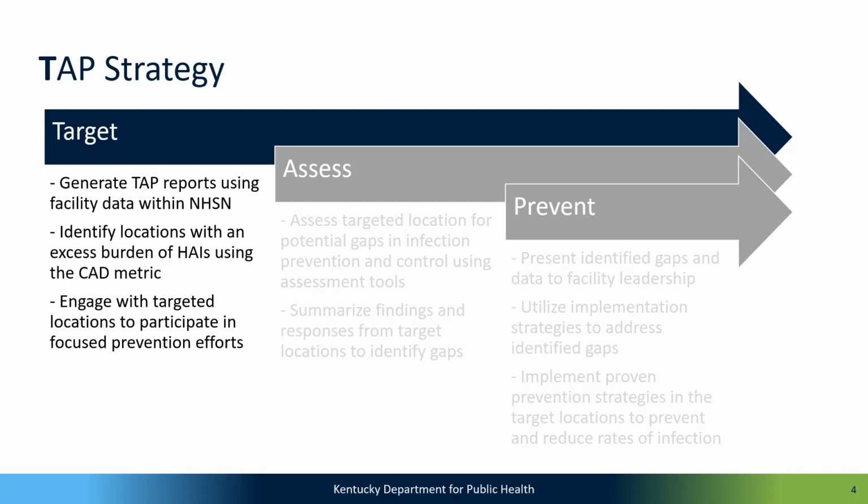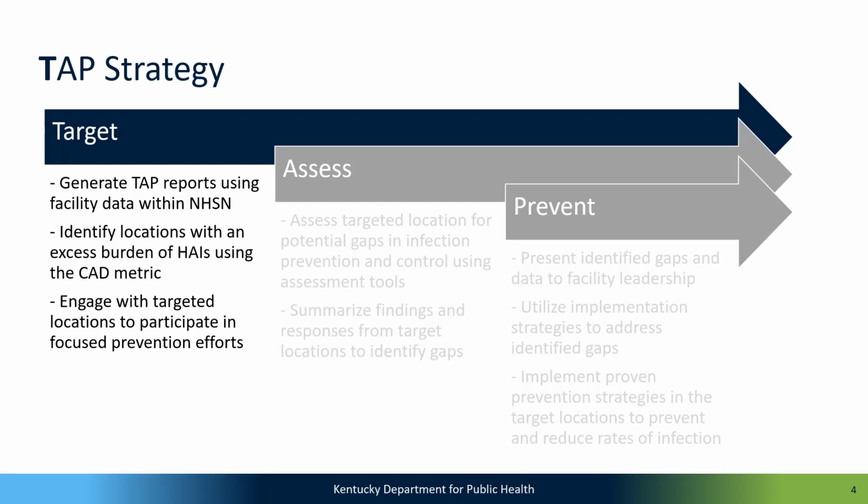One of the primary metrics in the TAP report is the cumulative attributable difference, or otherwise known as the CAD. This is a powerful metric that allows us to identify locations within our healthcare network or facility that are facing an excess burden of HAIs. By zeroing in on these locations, we ensure that our efforts are directed to where they're needed most, maximizing the impact of our interventions.